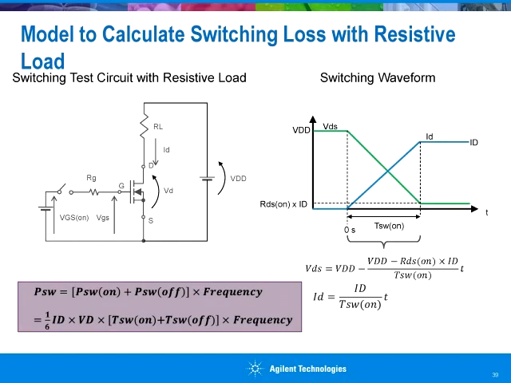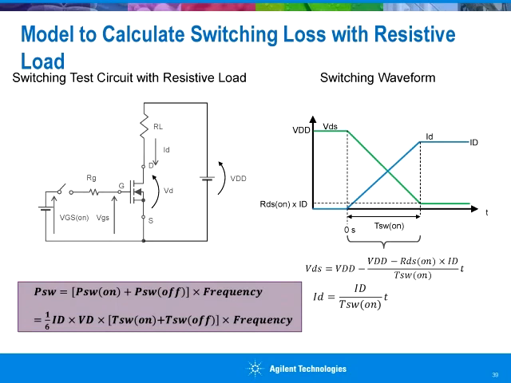With resistive load, the waveform is different. By increase of the drain current, the drain voltage goes down immediately. So the equation is slightly different from the inductive load.